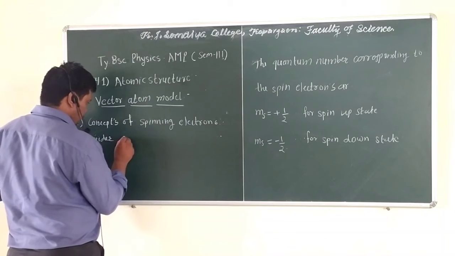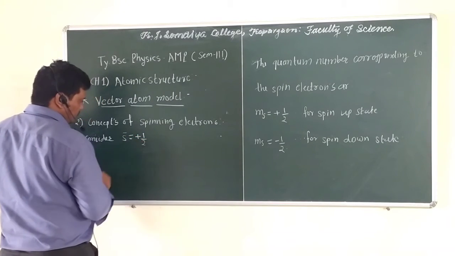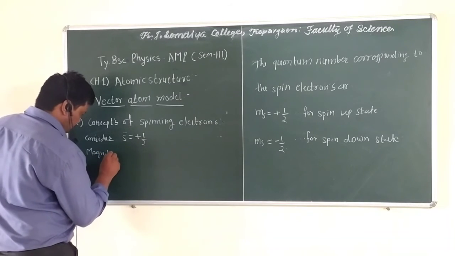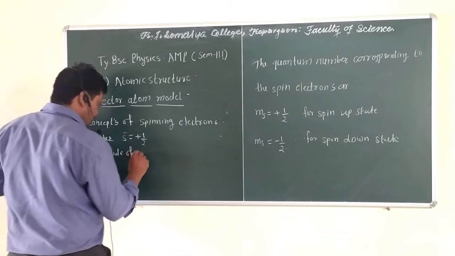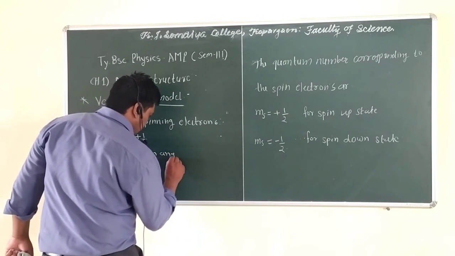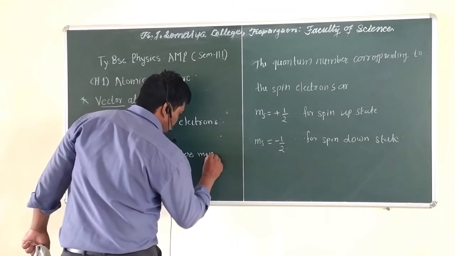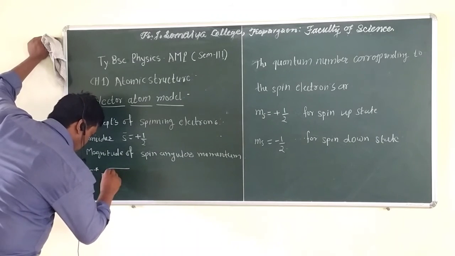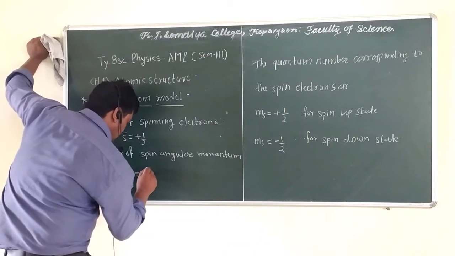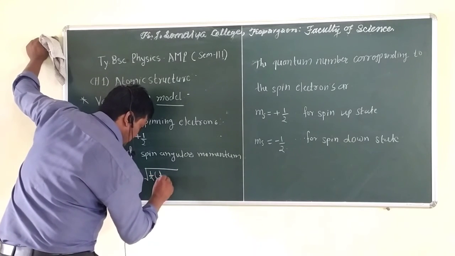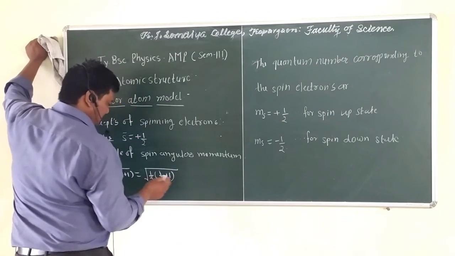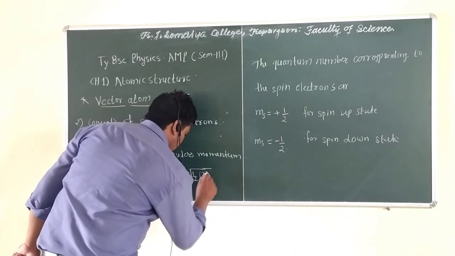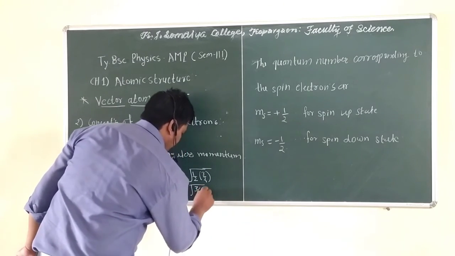The magnitude of the spin angular momentum is given by S bar equal to under root of S into S plus 1, that is under root of half into half plus 1, so half into 3 by 2, which is under root of 3 by 4.